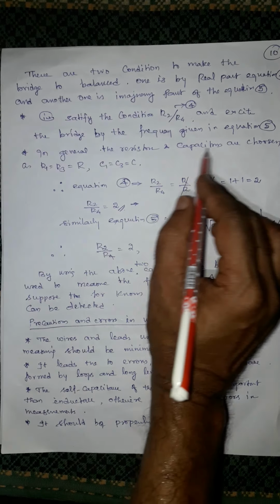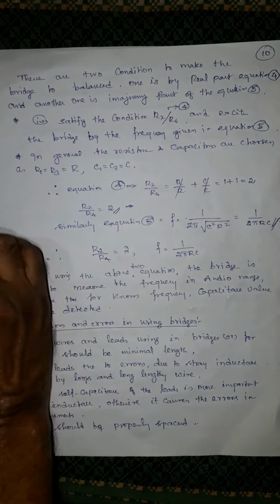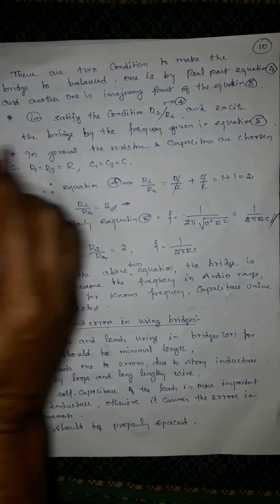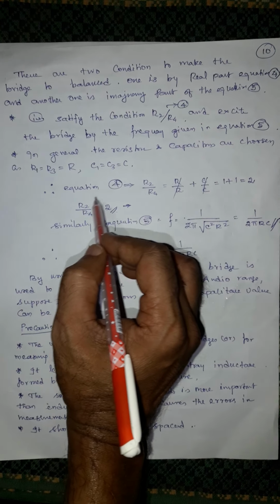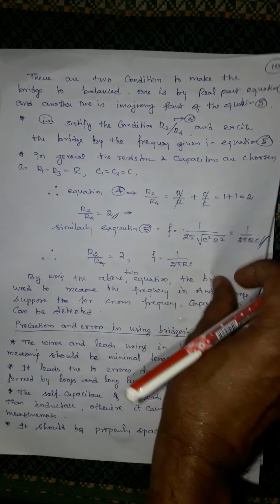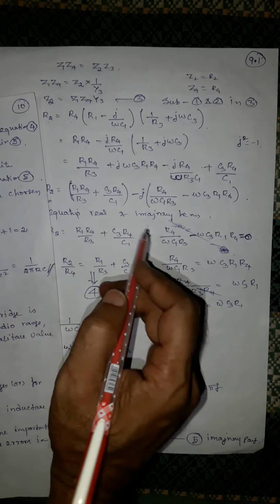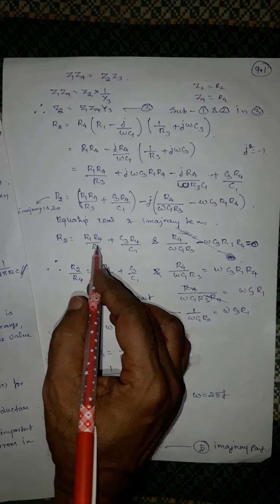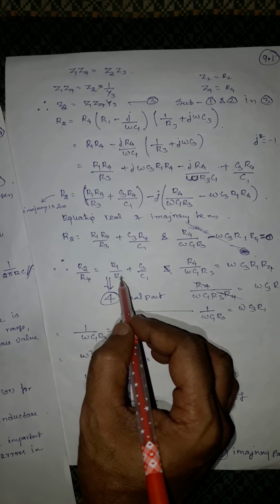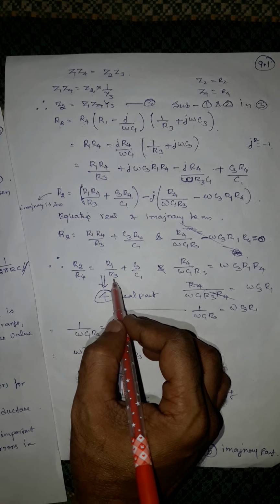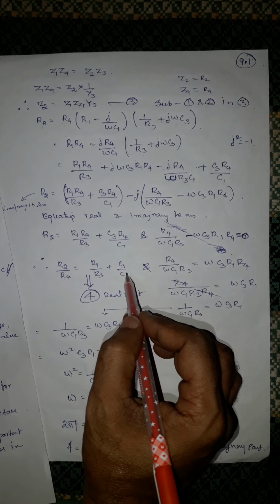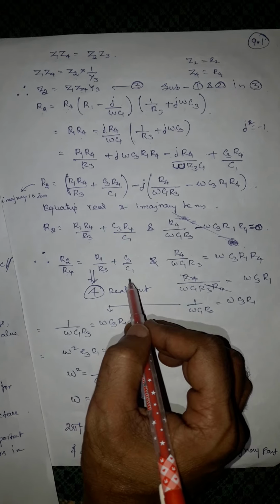In general, the resistance and capacitance are chosen as R1 equal to R3 equal to R, and similarly C1 equal to C3 equal to C. Therefore R2 divided by R4 equal to R1 divided by R3 plus C3 divided by C1.